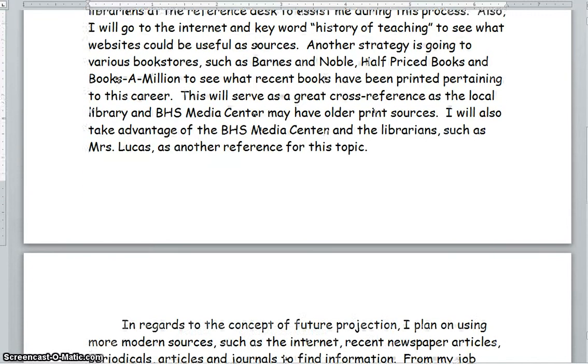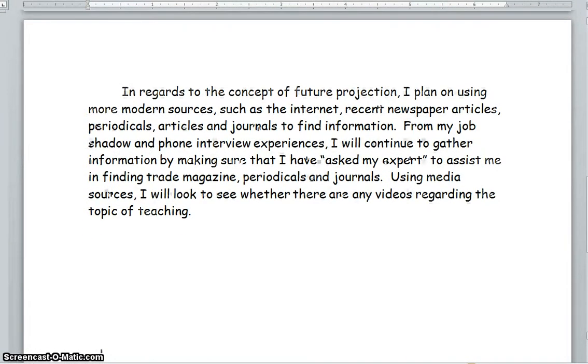Paragraph 3 moves you on to future projection, and this is where I've stopped here. Future projection, you're doing the exact same thing. Tell your reader how you specifically are going to find the information on future projection. Is it through recent newspaper articles? Is it through phone interview experiences?